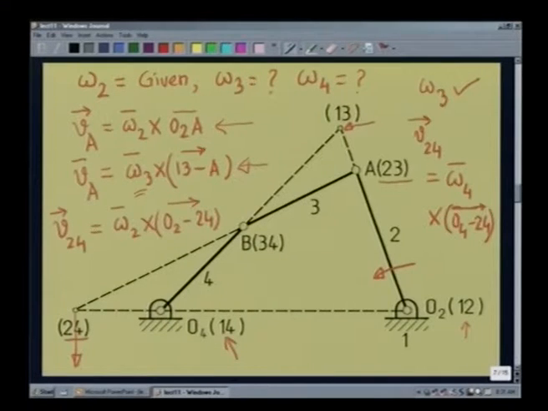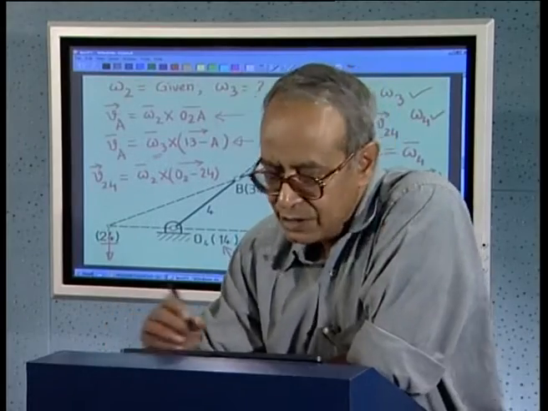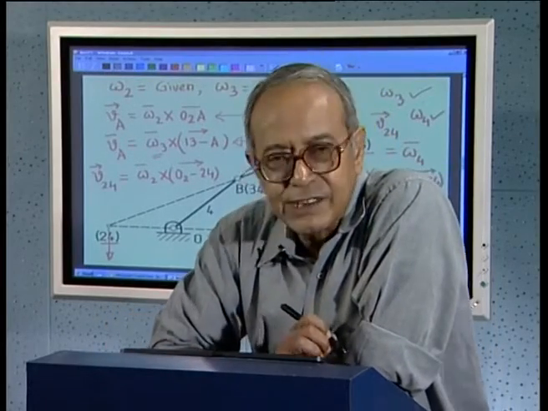Now, V 2 4 is already known, only unknown is omega 4. So, I can determine omega 4. So, this is what we mean by velocity analysis of a linkage.